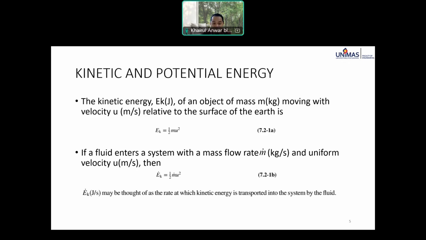If the mass in this case is a flow rate, in 7.2-1b, the symbol for kinetic energy must have this dot on the symbol, when the m refers to the rate. So what is rate? It's over time: second, minute, hour, day.